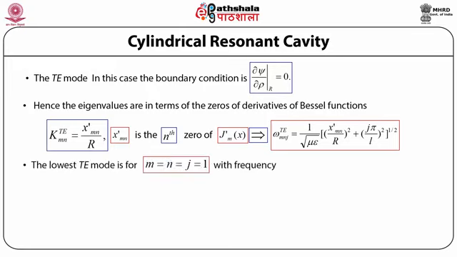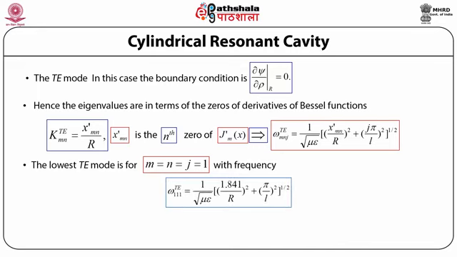And the lowest TE mode that is permissible for the cylindrical resonant cavity is then given for m is equal to n is equal to j is equal to 1, with the resonant frequency given as omega subscript 111 superscript TE is equal to 1 upon under root mu epsilon, whole times bracket open (1.841 by capital R) whole square plus (pi by L) whole square, whole bracket close, whole to the power half.